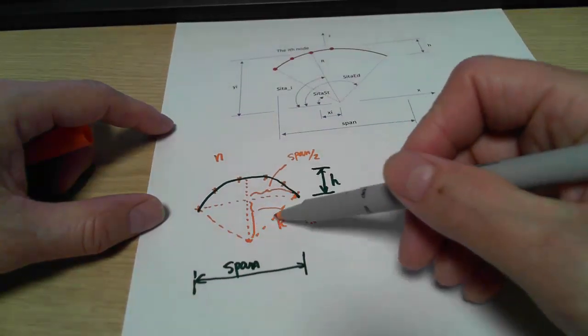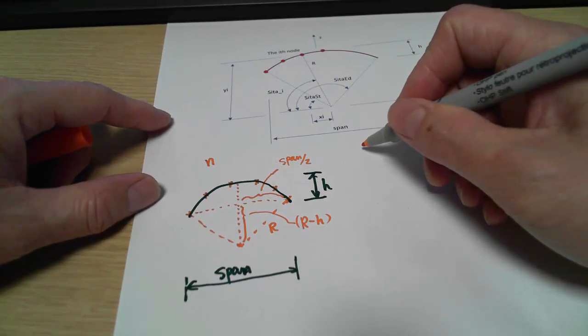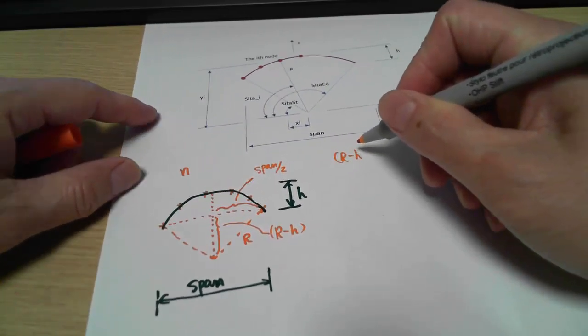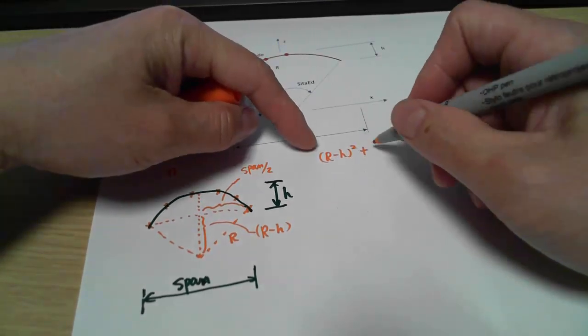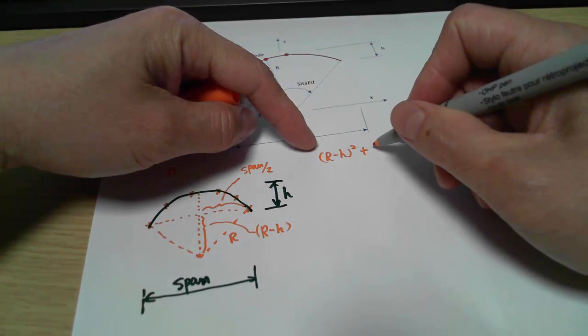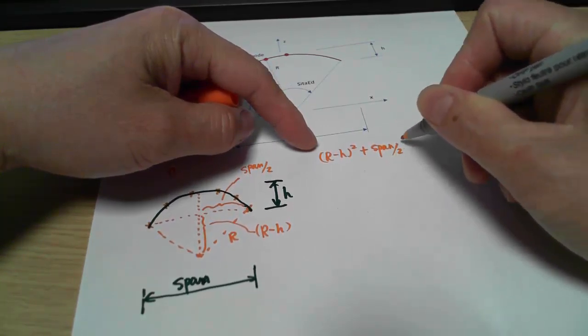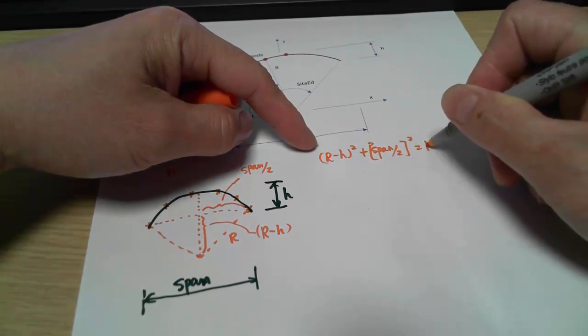So using this triangle, we should have this relationship: (r minus h) squared plus (span divided by 2) squared should equal r squared.